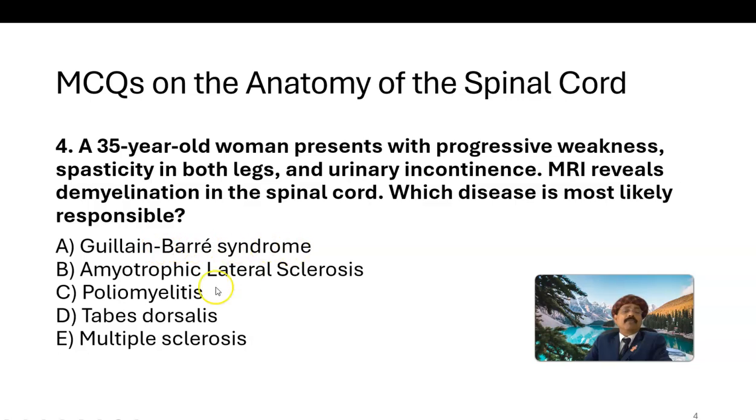A. Guillain-Barré syndrome, B. Amyotrophic lateral sclerosis, C. Poliomyelitis, D. Tabes dorsalis, E. Multiple sclerosis. We have demyelination of the central nervous system, so our answer should be multiple sclerosis. E is the answer, multiple sclerosis.